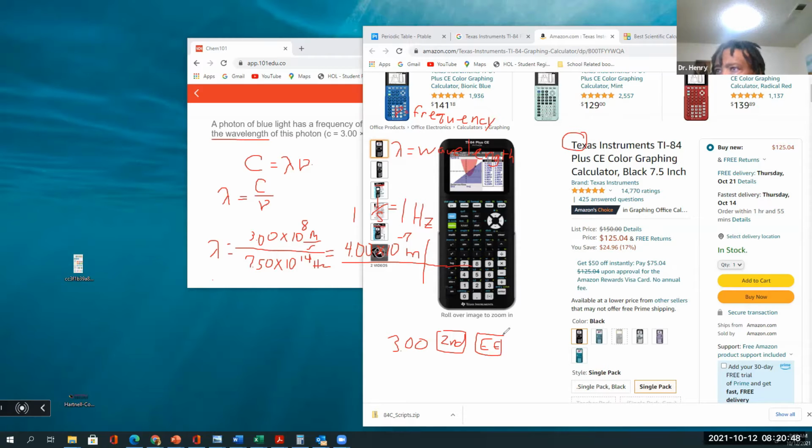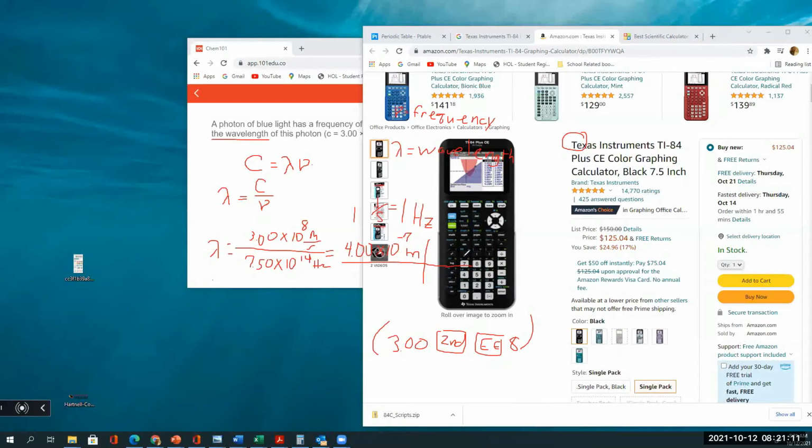Then, since these are all positive values, you're just going to type in 8. That EE represents 10 times to whatever power. If you do it this way, you don't have to put in parentheses. If you use the 10 to the X, you're going to have to put in parentheses for that. Okay.